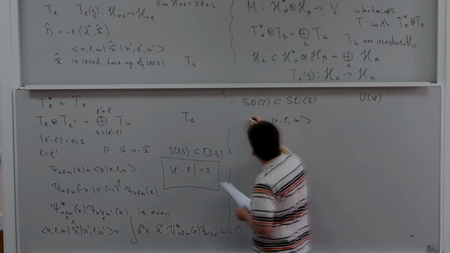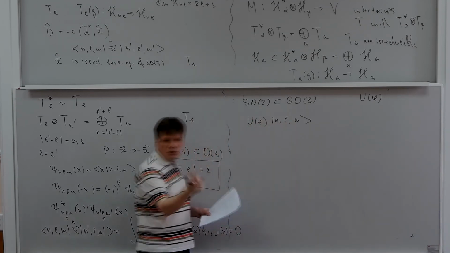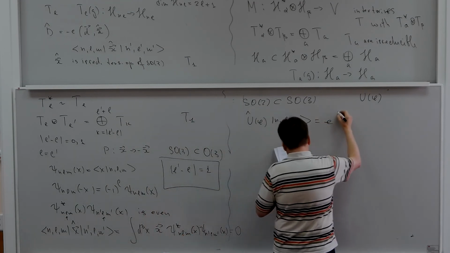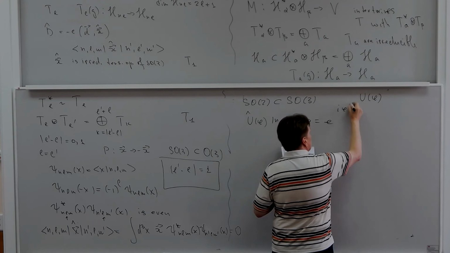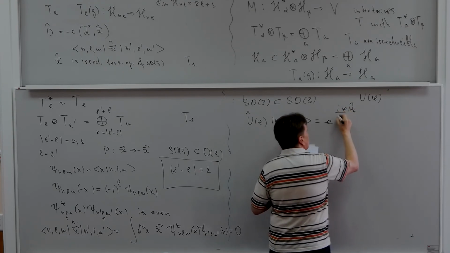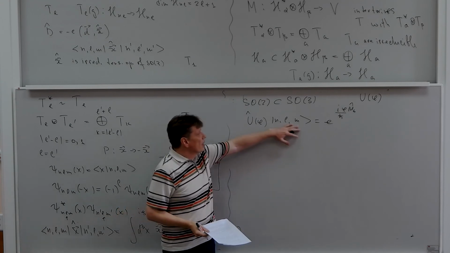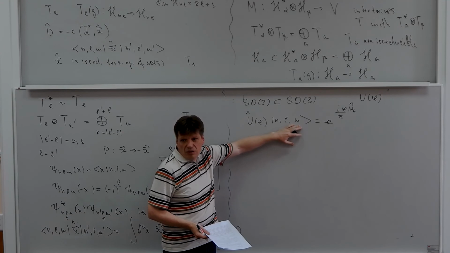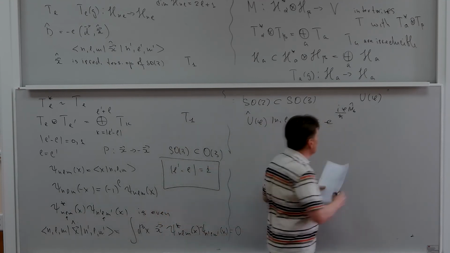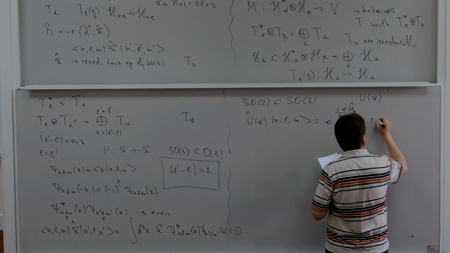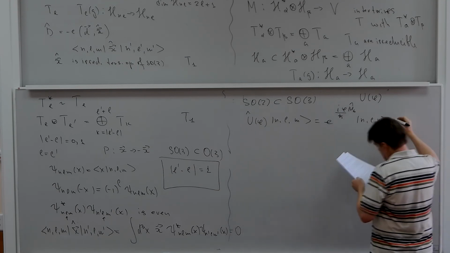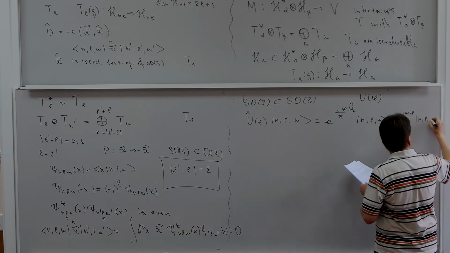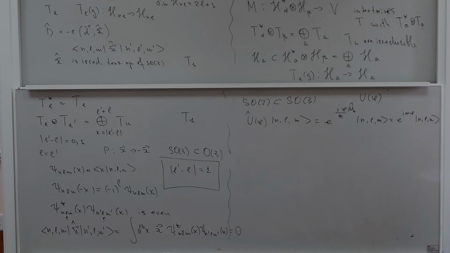So applying a rotation about the z axis to this basis vector, we act by this operator, and since this vector is an eigenvector for M3, we get immediately that this is equal to e^{imφ} |n L m⟩.